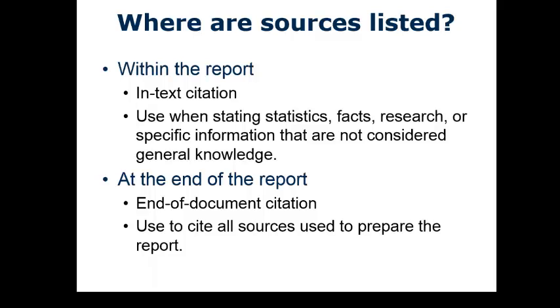But if you are doing any specific statistics or facts, anything that's not considered just general knowledge, so specific information, or any direct quotes, then after you're done writing your particular thing, especially if it's a direct quote from a particular article, you would want to do what we call an in-text citation. And so that's going to be within your actual paragraph or at the very end of the paragraph.